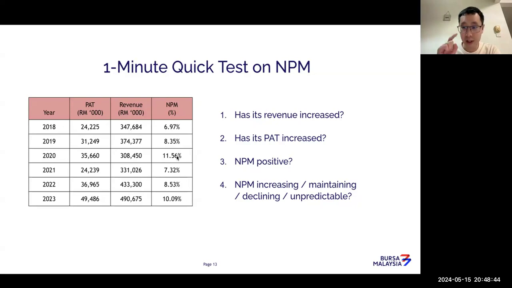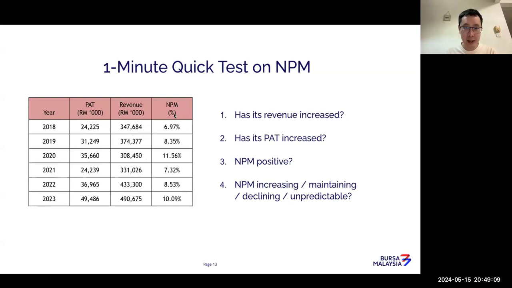Depending on some industries, for example, there's a decline in revenues in 2020. If it's due to COVID-19, depending on the business nature, I think this is quite understandable. But put this aside, overall, over the long term, has its revenue increased? Number two, has its profit after tax increased?